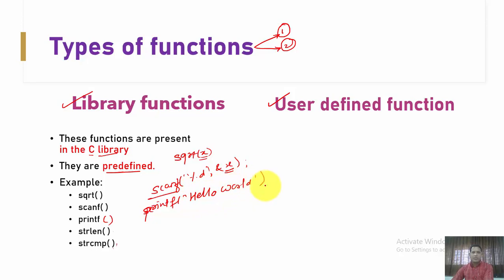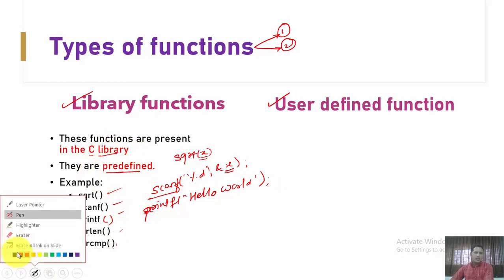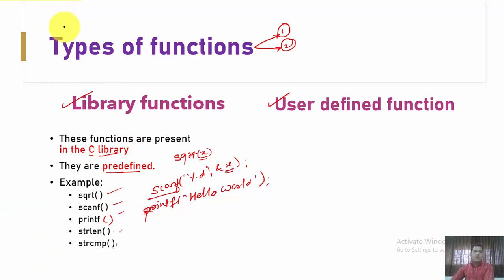In short, its code is predefined, and to support each of these functions, we have to include the library file. When we write any program, first of all we write the preprocessor directive, hash include. What does hash include do? It simply includes the defined library file as a header file in our program.